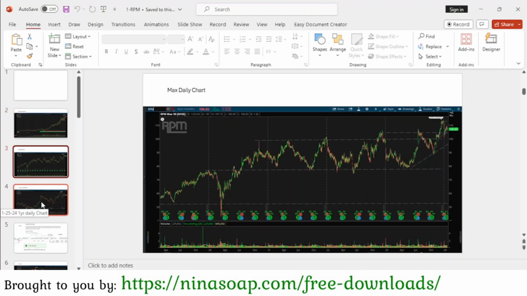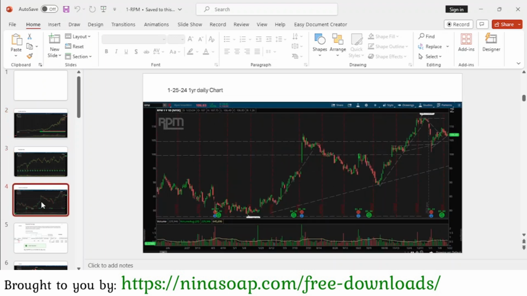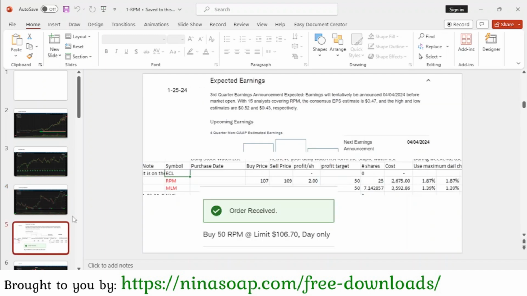We have the maximum chart, the daily chart, the maximum daily chart, the 1 year daily chart, and our watch list screenshot, targeting $50 profit, and based on the price that we saw and the price that we set for selling, it's pretty much using the two previous resistance lines.